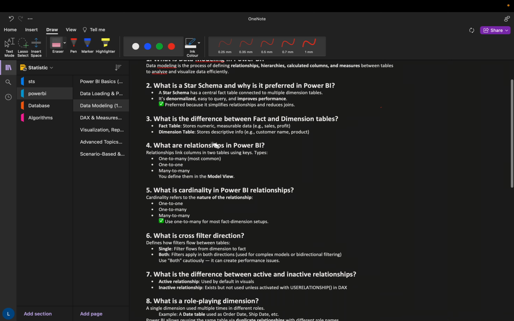Now, what is a relationship in Power BI? Well, speaking about relationships, as per definition, a relationship links columns in tables using keys. It is like an SQL join, where on the basis of two common columns we join them.